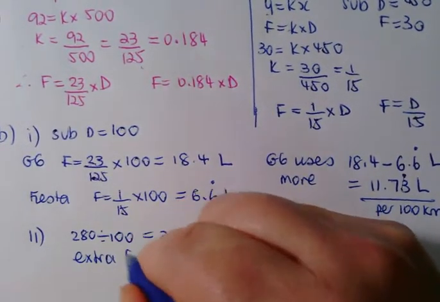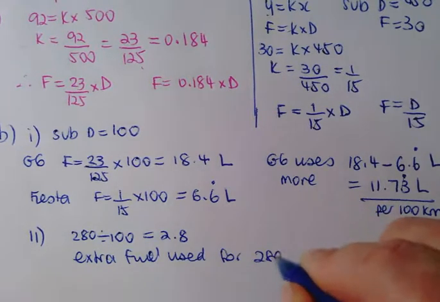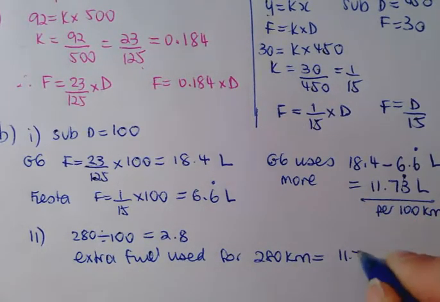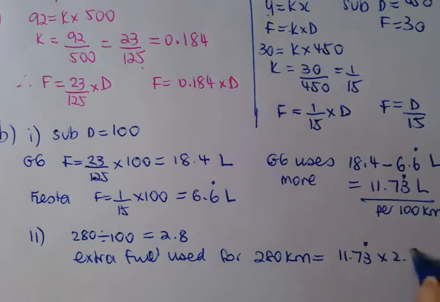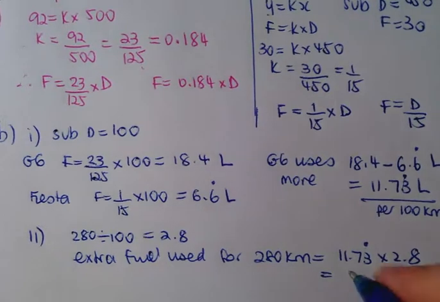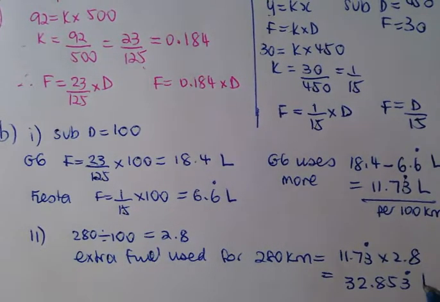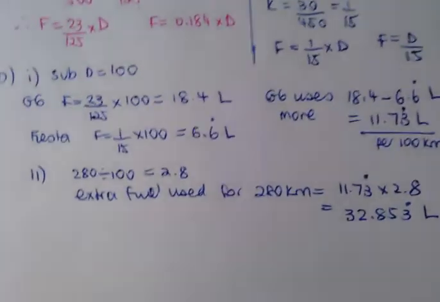So the extra fuel used for 280 kilometres is 11.73 recurring times 2.8, and we get 32.853 recurring litres.